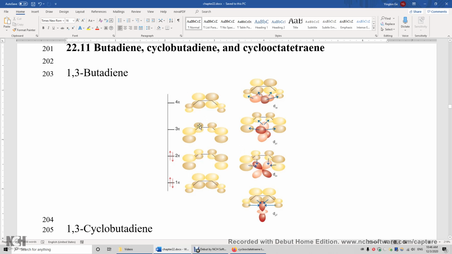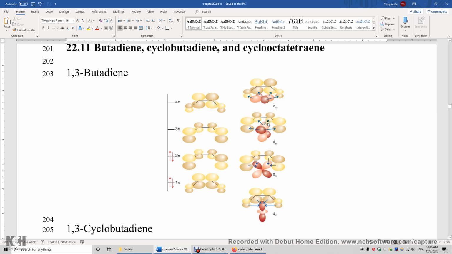Now let's look at these 2 empty orbitals. They can also interact with the d orbitals centered on the transition metal, but they are going to accept electrons. So now let's look at this pi 3 orbital. It's right here, and then this is the occupied dyz orbital. These 2 are positive phase, negative phase, and over here positive, positive, negative, negative.